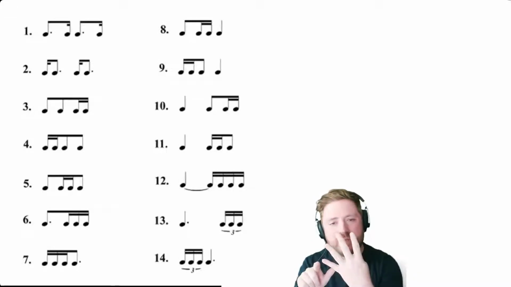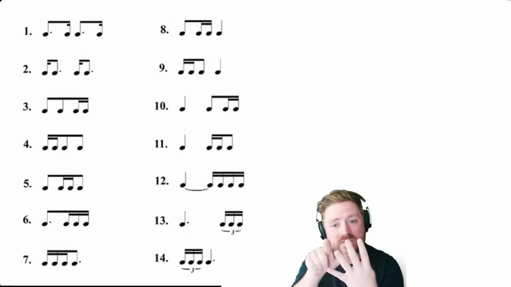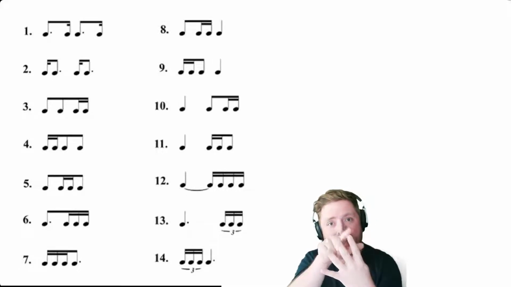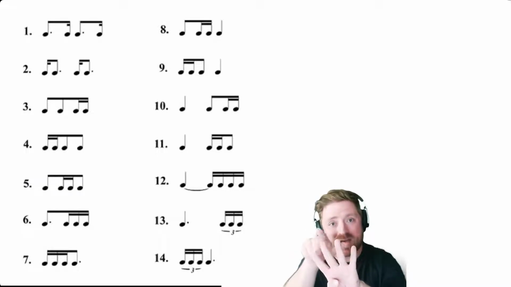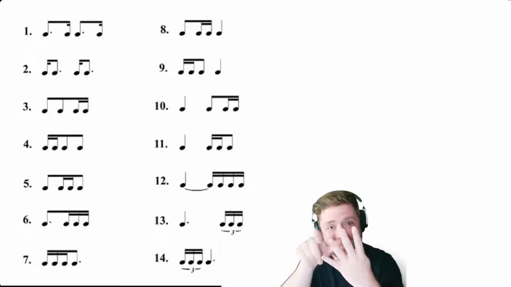You just turn it round the other way. So it's 1, and then the next note is longer. So previously it was long-short, now it's short-long.